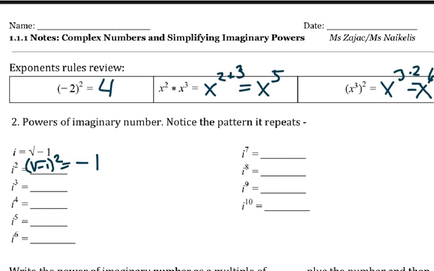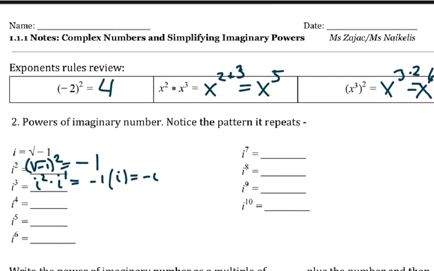So i squared equals negative 1. So it has an actual value. I to the third, I can break down and write as i to the second times i to the first power. And by looking at my previous answer, I know that i to the second is negative 1 and i to the first is just i, so the answer is negative i. So i to the third is negative i.